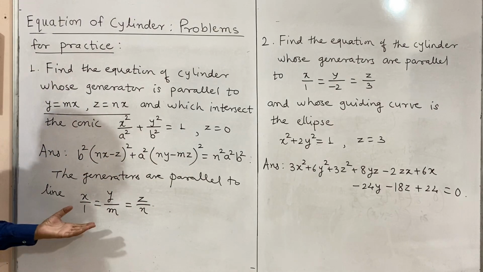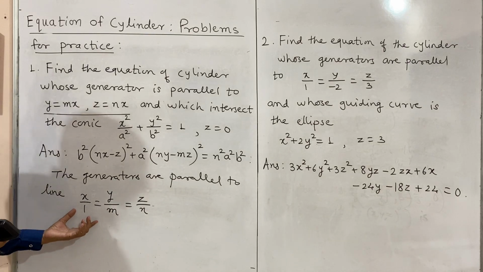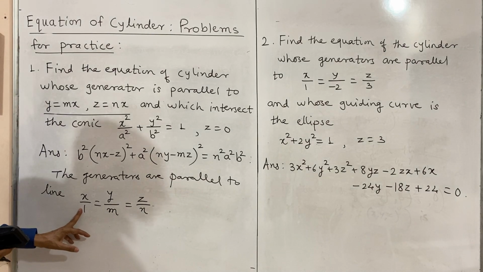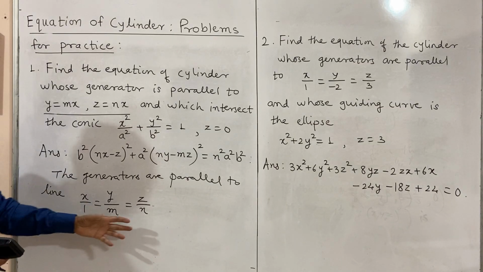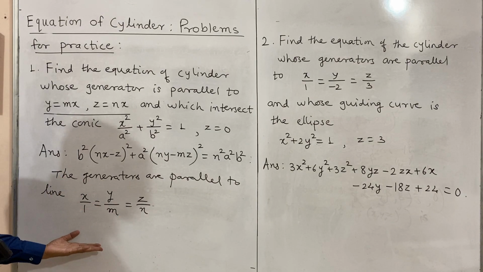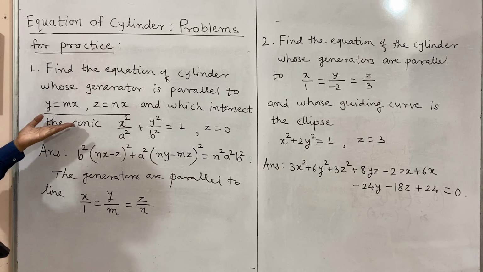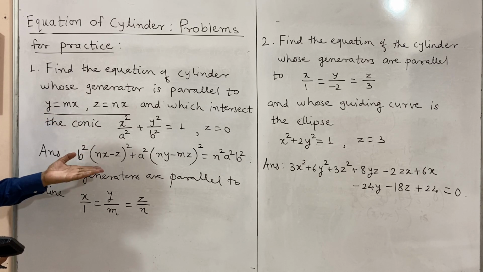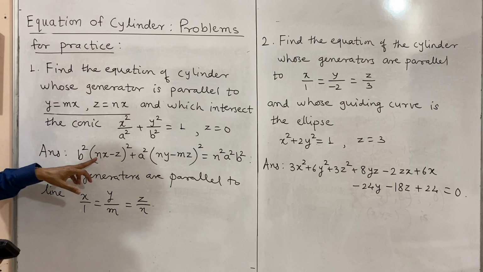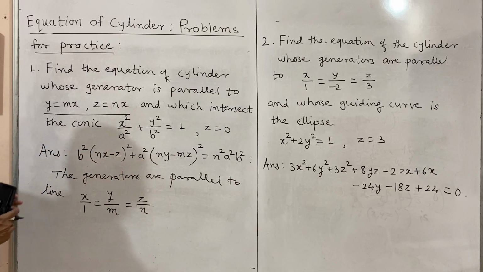And this is the equation of the line in symmetrical form. It gives the direction ratios of the line as 1, m and n, and then proceed further as in the problem we have solved earlier, and then the answer will be b square, etc. This is the answer I have written here.